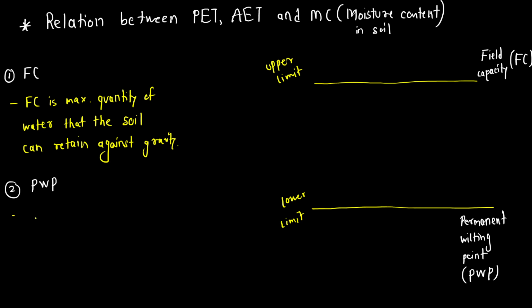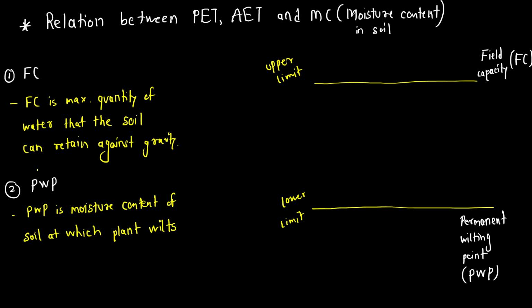So permanent wilting point is the moisture content of soil at which plant wilts. This is the minimum water that should be present, otherwise the plant will start wilting.